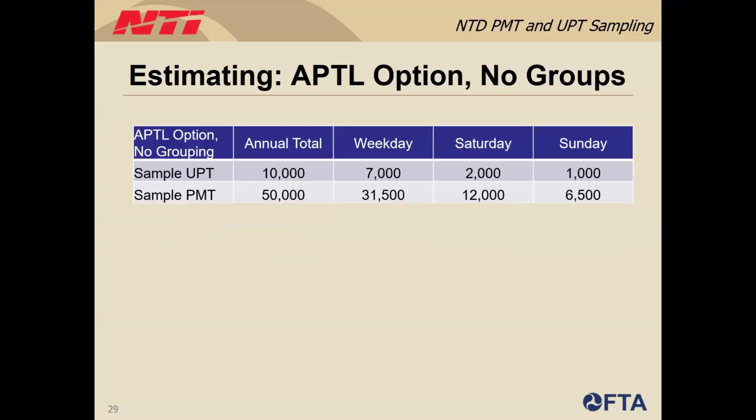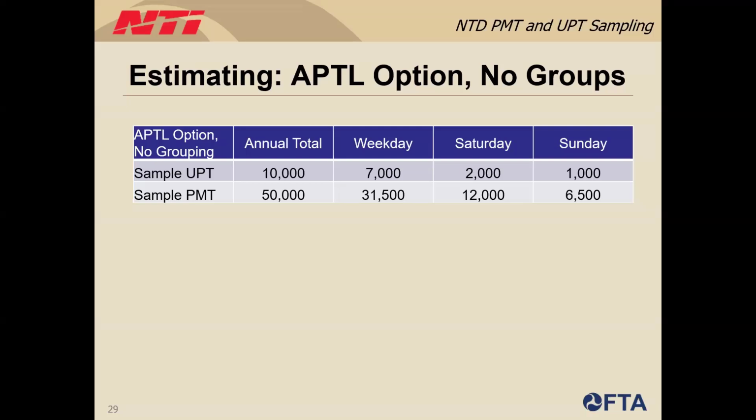So that was all a bit abstract, so let's walk through an example. In this example, you have 100% count of UPT, so you're using the APTL option, and you are not using route groups. This table shows the data from your sample. The first is all the data together, and then you have columns for the weekday, Saturday, Sunday breakout.